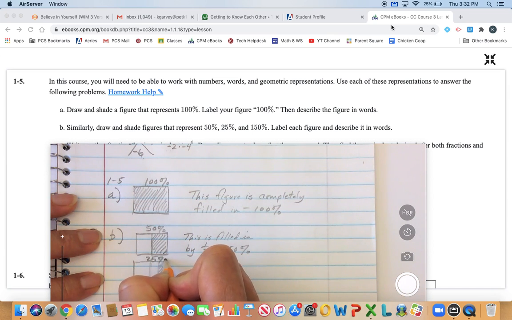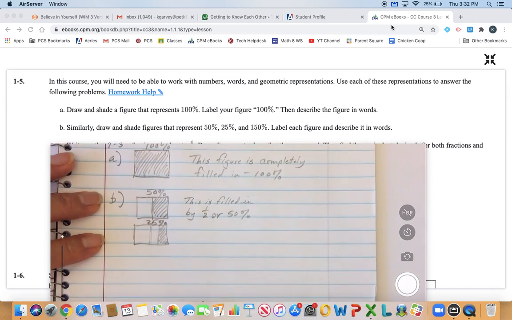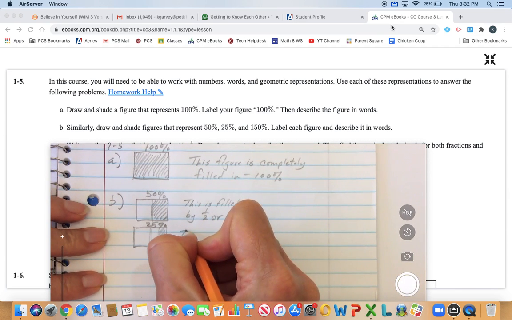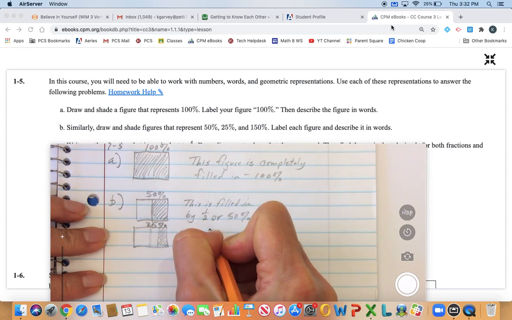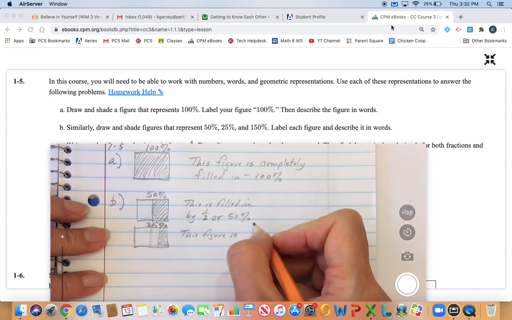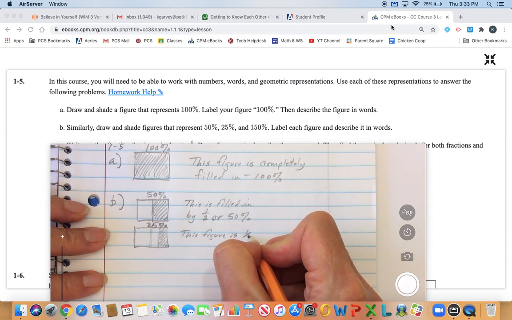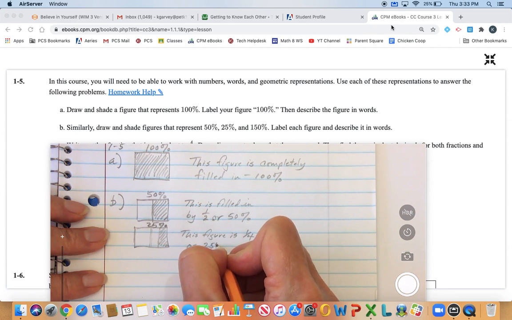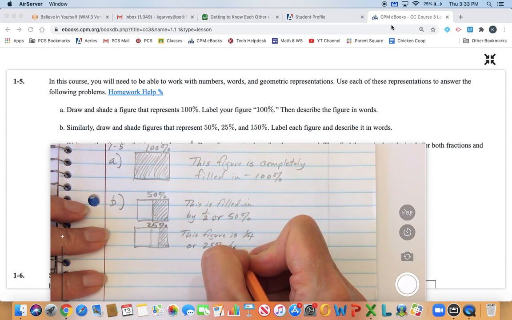I haven't left myself much room. I'm going to leave myself a little more room next time. Okay, this figure is 1/4 or 25% filled in.